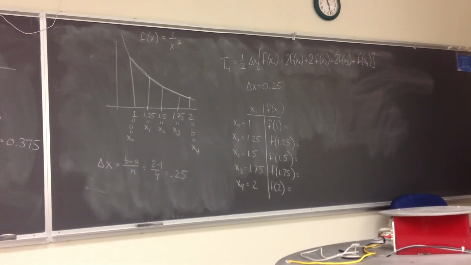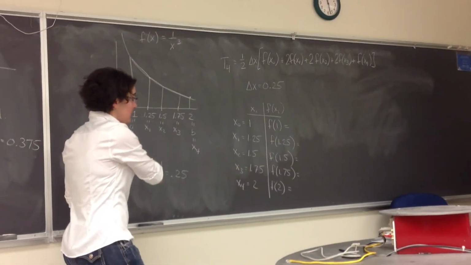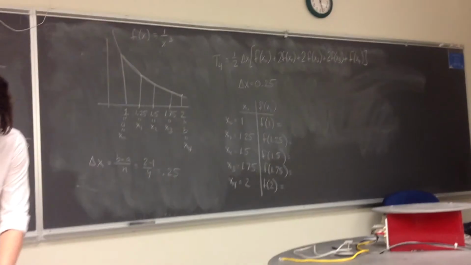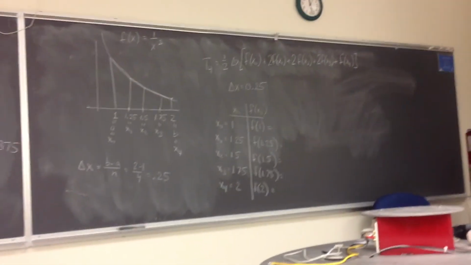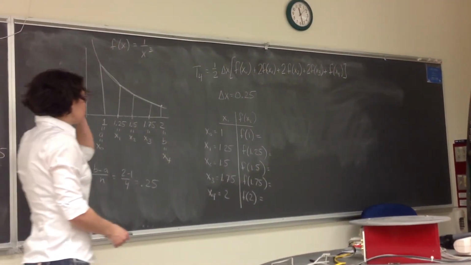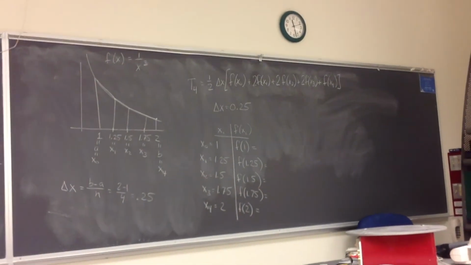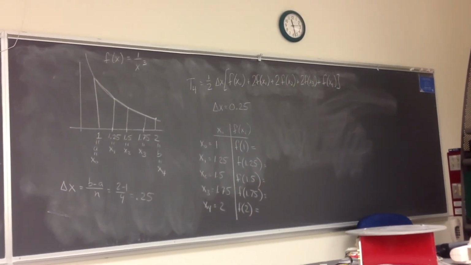All right, so please calculate some of these values. You can split them up with your neighbor if you like, or you can do all 5 of them on your own. When you get some values, check with your neighbor and see if they agree.